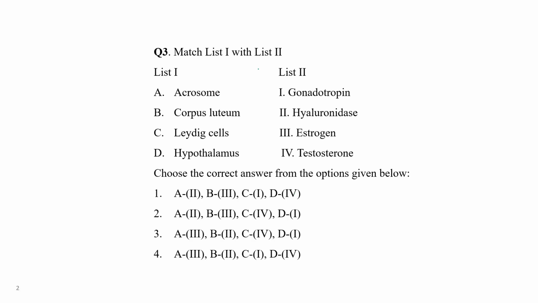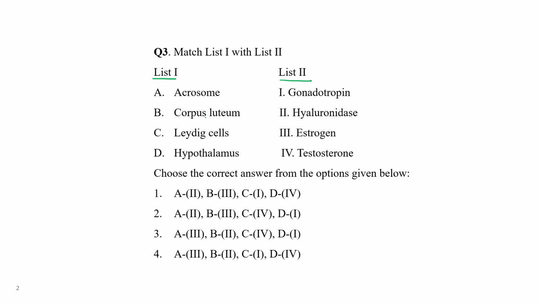Now we have to match these two lists, list number 1 and list number 2. In list number 1, they have given some structures which are present in different areas. We have discussed these things in different parts of this chapter, human reproduction. Like acrosome, it is a part of sperm.